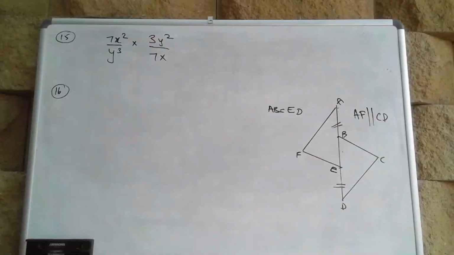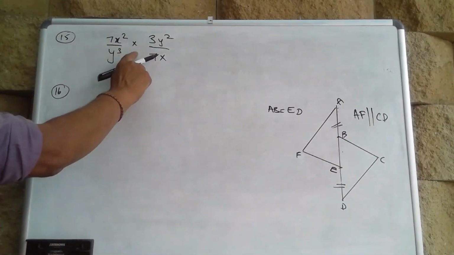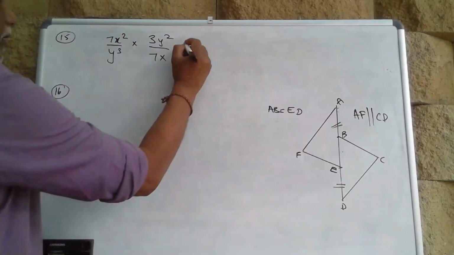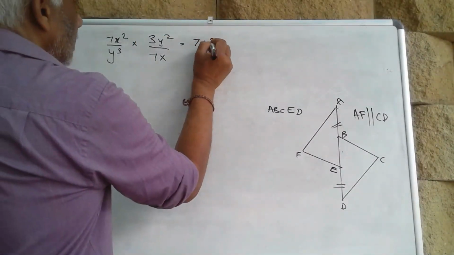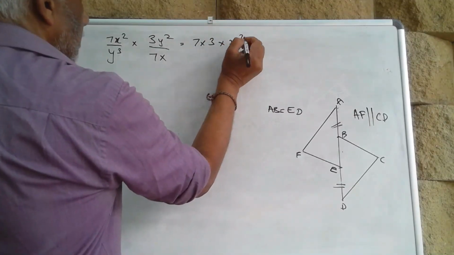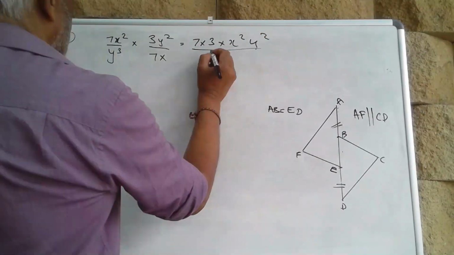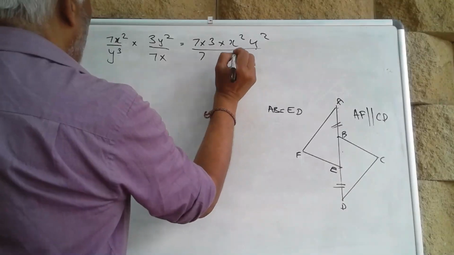That's the important thing. Question 15. We have to simplify 7x squared over y cubed multiplied by 3y squared over 7x. So I'm going to make it a little bit more organized. I'm going to put all the numbers together: 7, 3, x squared and y squared over 7x and y cubed.